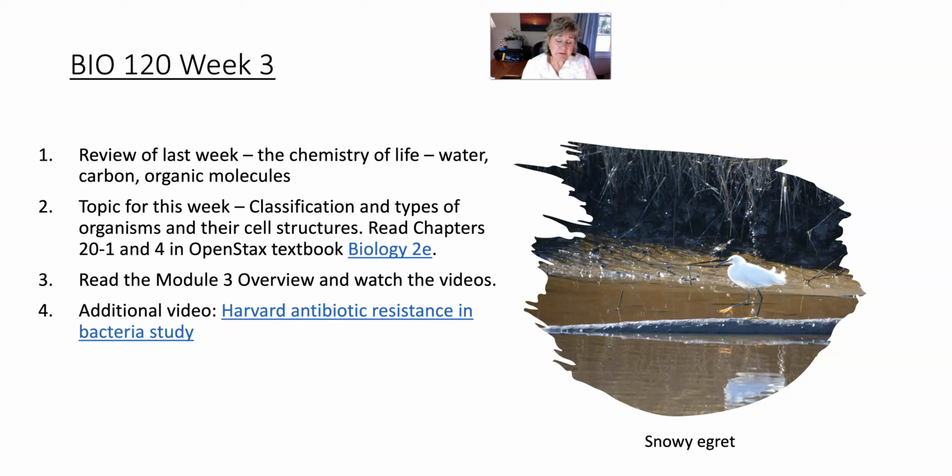So the topics for this week are classification and cell structures. Classification is grouping organisms into categories of like organisms. So why is that important? We just do this automatically as human beings, and just as animals we do this. And that's so that we understand the world without having to experience each and every organism as a new one when you approach it.